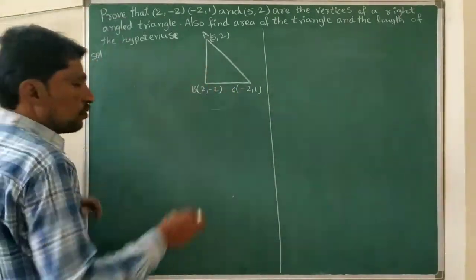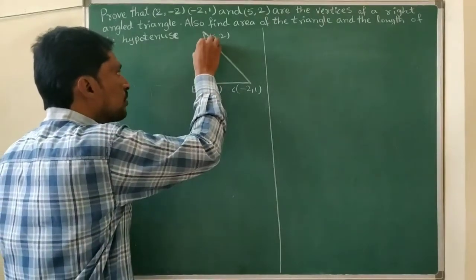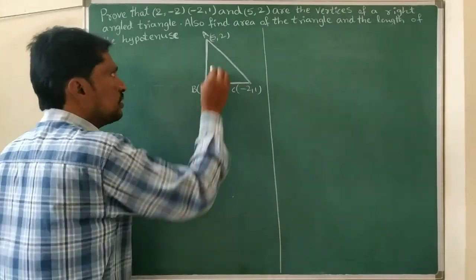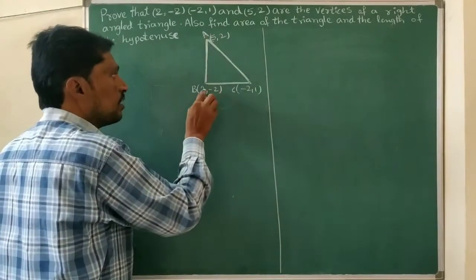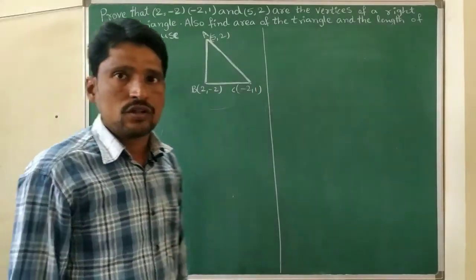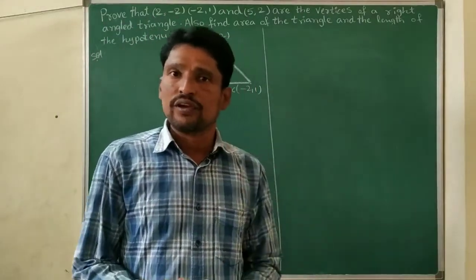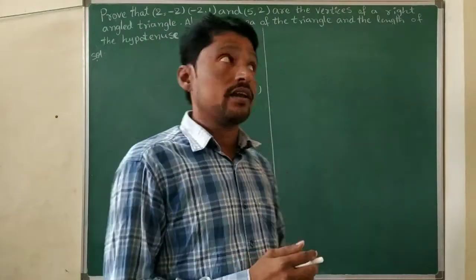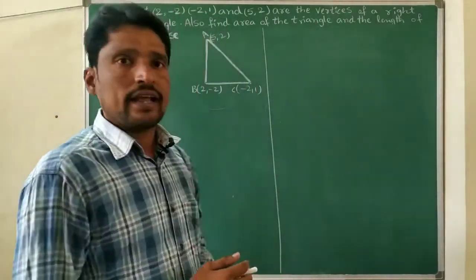Now here we need to find the distance AB, the distance AC, and the distance BC. Three sides we need to find. So if it satisfies hypotenuse square equals side square plus side square, the given vertices belong to a right angle triangle.